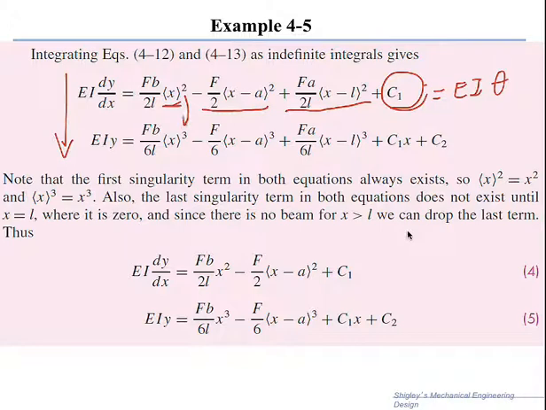Notice that second order becomes cubic over 6 because 2 times 3 is 6. And the same 6 here, same 6 here. And C1 integrated becomes C1 times x. And then we add a C2. Now the C1 and C2 we can obtain using boundary conditions.